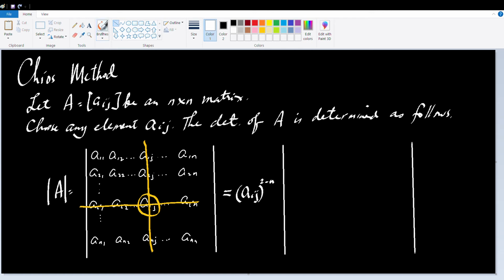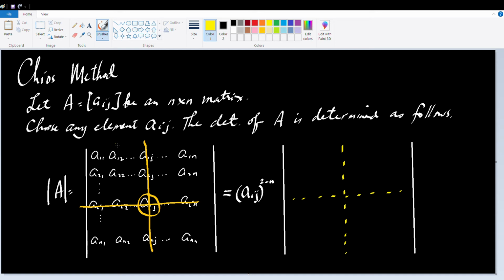For each remaining entry in the matrix, Ars as one of the remaining entries will be replaced by a 2 by 2 matrix. Let me illustrate it this way. We will consider each of these 4 quadrants now after deleting the element Aij.